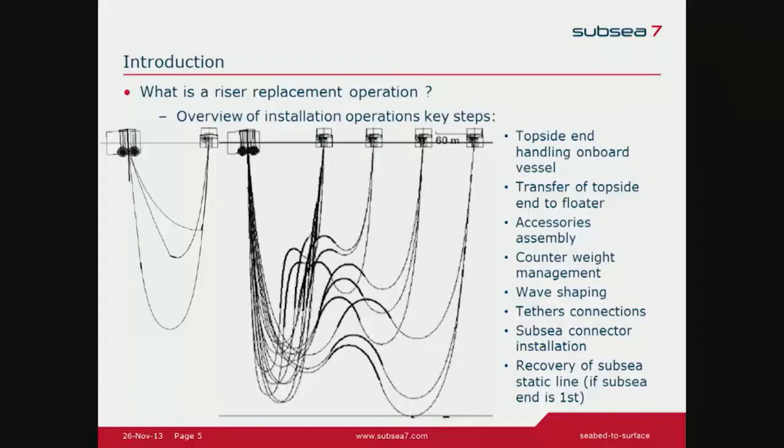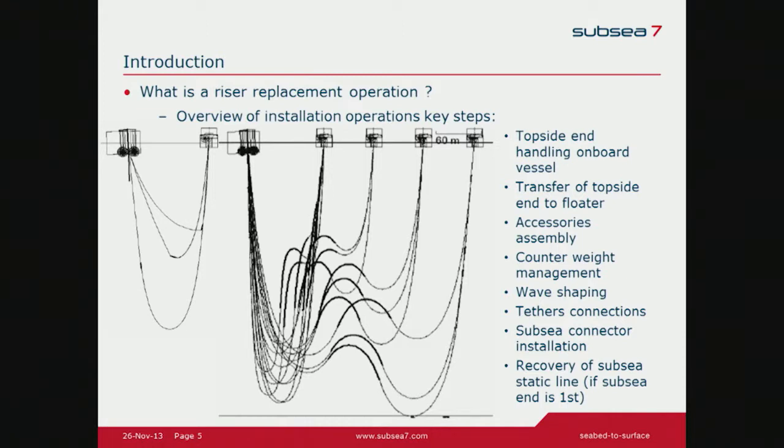For the installation, it's roughly the same key steps that we focus on, except that the installation can be a completely different process, especially subsea. Here is an example, again, of topside end first, which is not the same as going in reverse from the recovery I showed before.